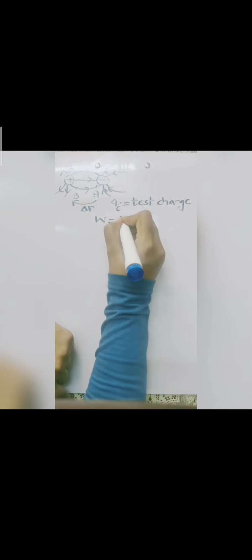Either it moves from A to B, or you can take that distance as delta r, and you want to calculate the value of work done when it is moving against the field.